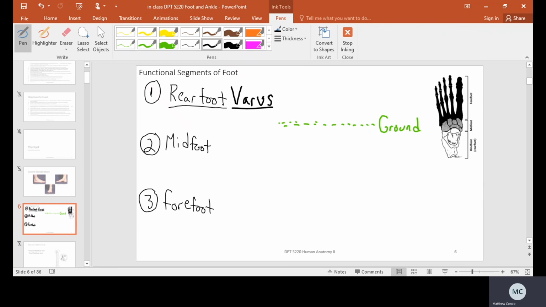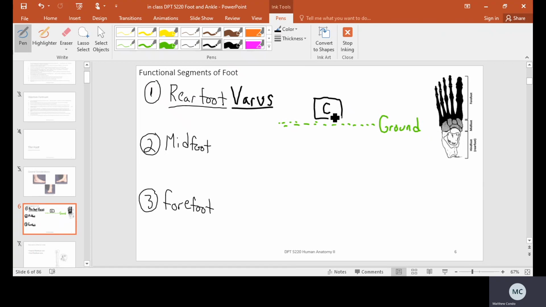So what should happen? How do you think the calcaneus should be positioned relative to the ground if it is neutral? What's that? Perpendicular. Okay. So I'm going to draw a posterior view of the calcaneus. Believe it or not, it's going to look like a little box. Okay, and we're going to put a big C on it for calcaneus.